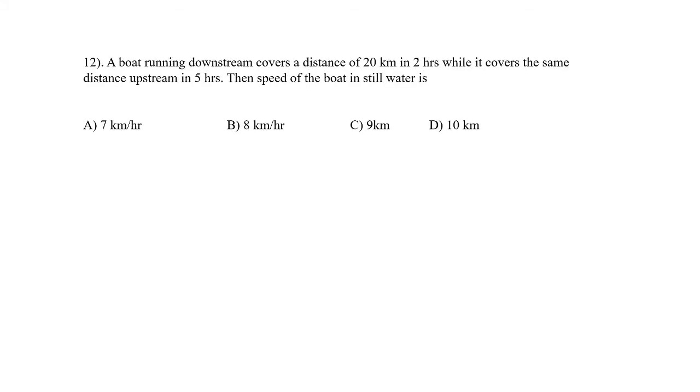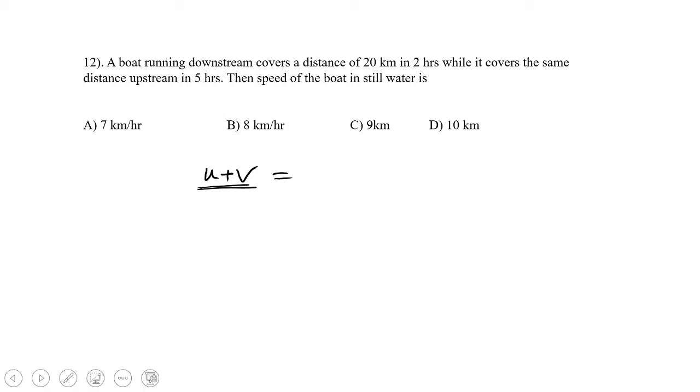Now see 12th question. A boat running downstream covers a distance of 20 kilometers in 2 hours. Downstream means U plus V, this is speed.